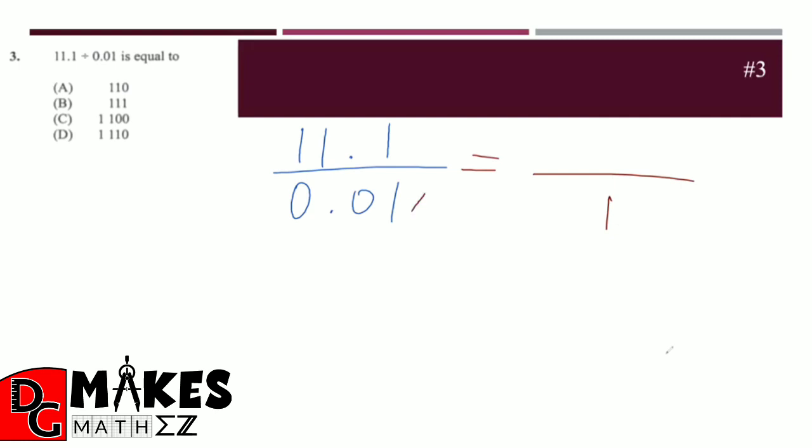We can multiply by 100. When you multiply by 100, an easy way that students remember is that the decimal point moves 2 places to the right.